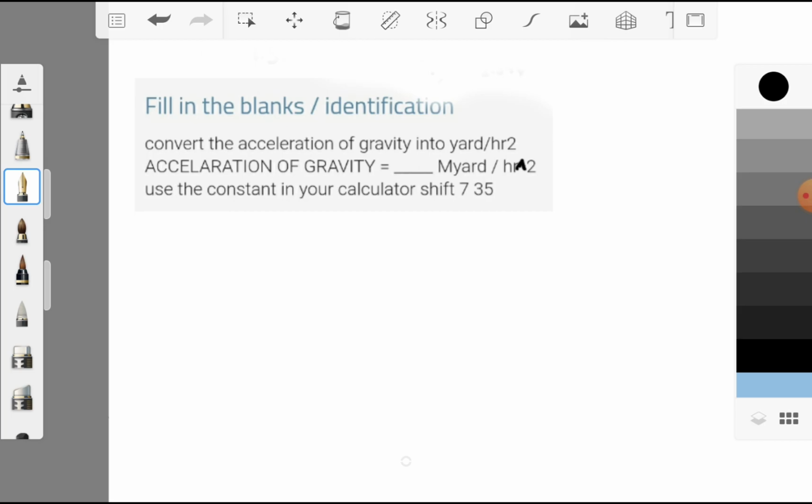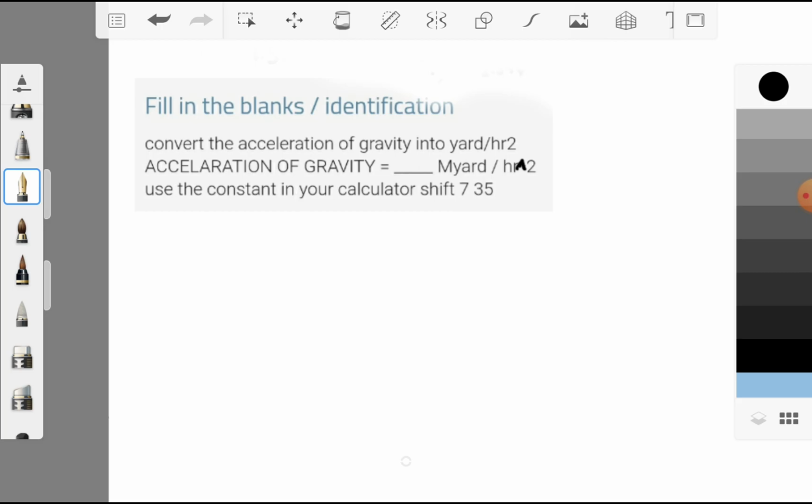In this problem, I want you to explore your calculator more because in face-to-face learning, sometimes what saves you is your knowledge or your familiarity with your calculator. We have constants in our calculator from 1 to 40. Okay? So, shift 735.